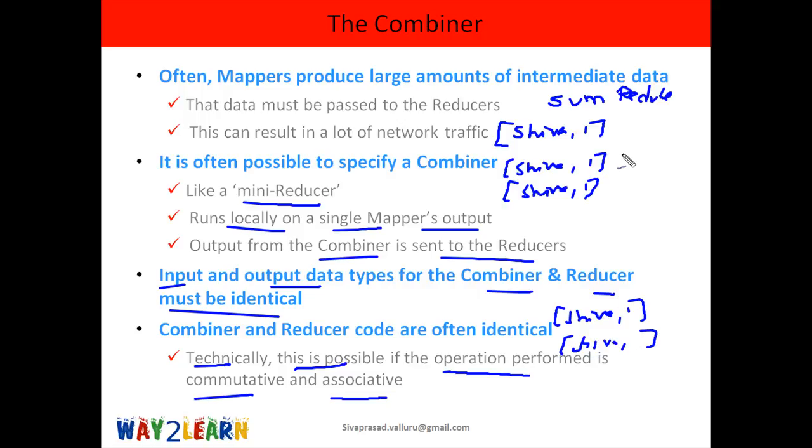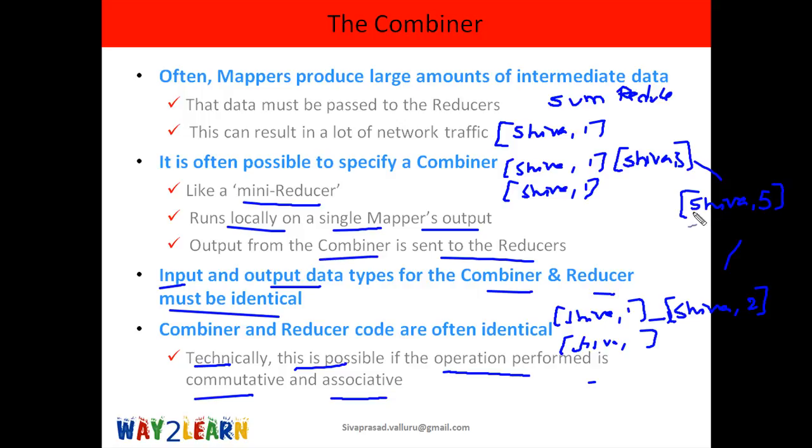So if I am using a combiner, what will go to the reducer? Combiner will combine and pass Shiva comma 3 from this map, and from here it will pass Shiva comma 2, and when this goes to the reducer, the reducer will output Shiva comma 5, right? So there is no effect in the output if you are using a combiner.